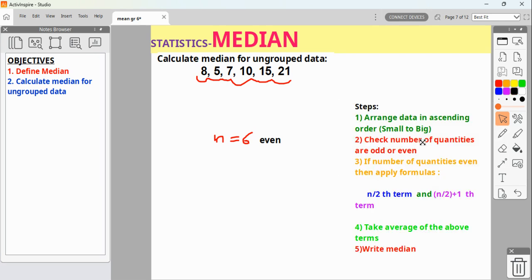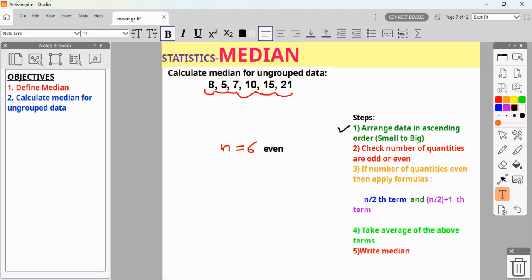So the steps for this are: step number one, arrange data in ascending order, small to big. First, we have to arrange data. If we are not arranging data in ascending order, our answer is going to be wrong. This is the most important step you have to do for the median. So step number one, I am writing here, arrange data in ascending order.